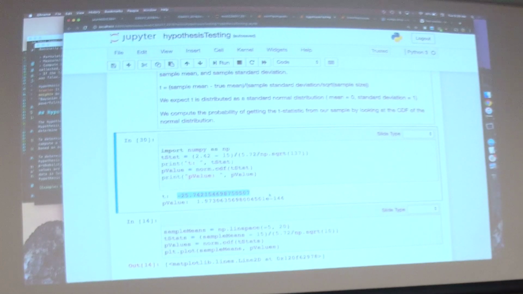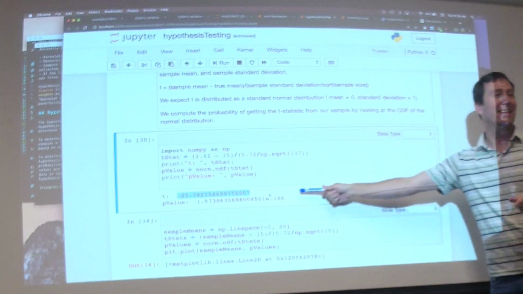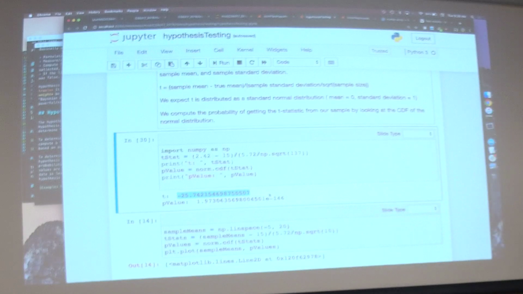We're way outside of the predicted range. Okay. And so our p-value is insanely small. So if the freshman 15 were true, the chances of us picking a sample of students that gained 2 pounds on average are 10 to the minus 146. So we can conclude that our hypothesis was indeed incorrect.